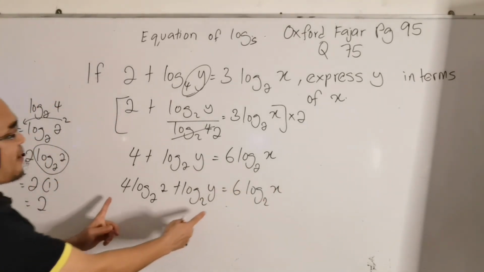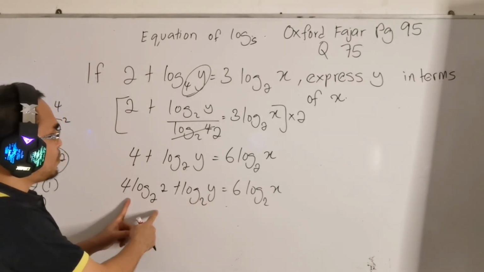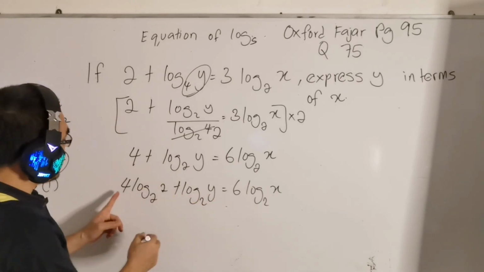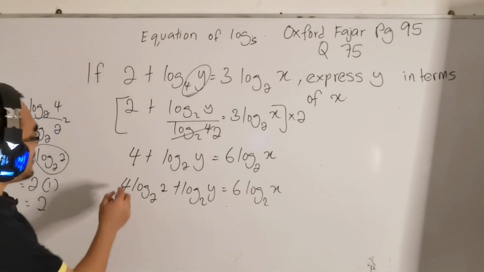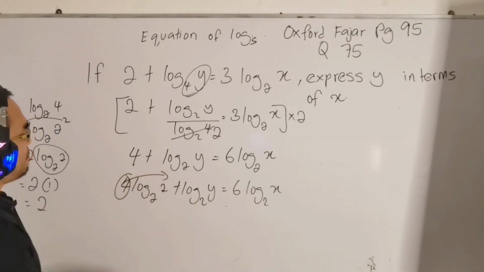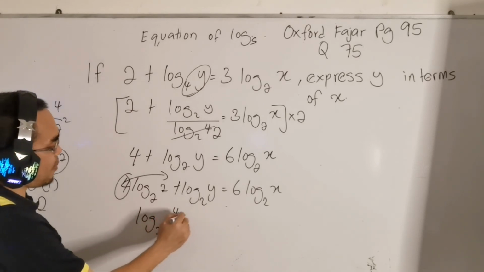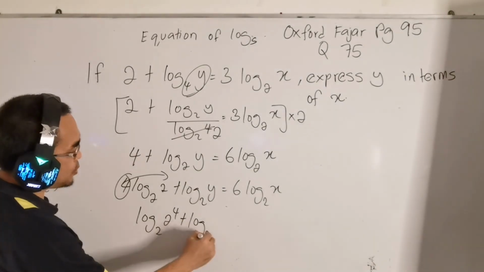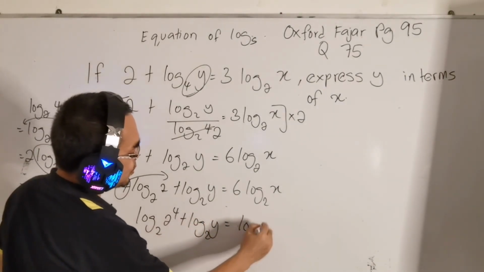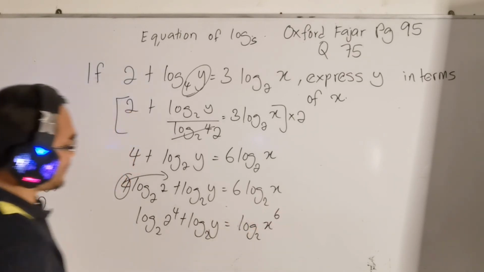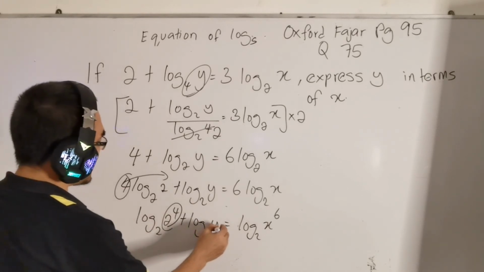And we have to simplify on the left side and make sure we have only one log 2. So before we can combine the numbers, you have to make sure that the number before the log is eliminated by bringing it to the top as a power. So it becomes log 2 power 4 plus log 2y equals log 2 x power of 6. Now we can combine 2 power 4, which is 16, with y.